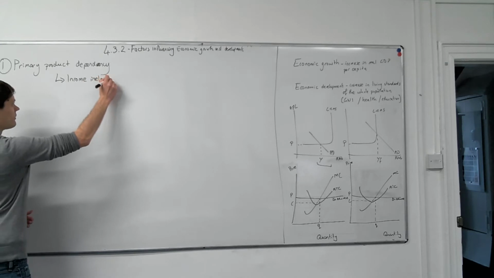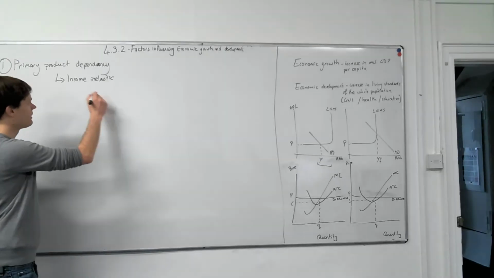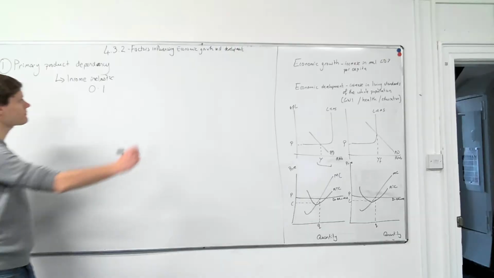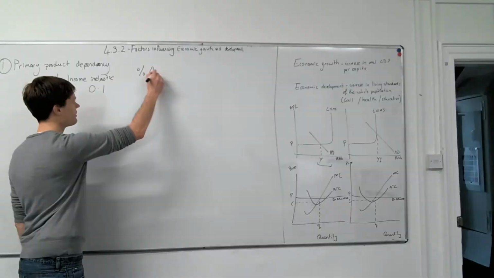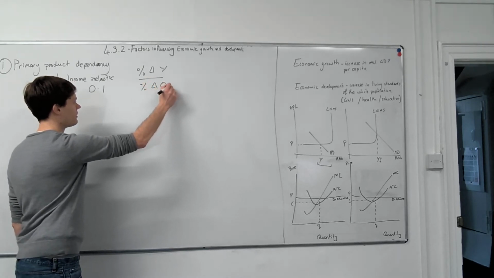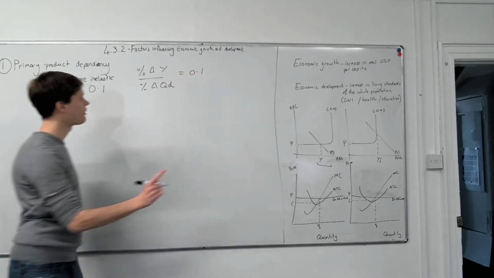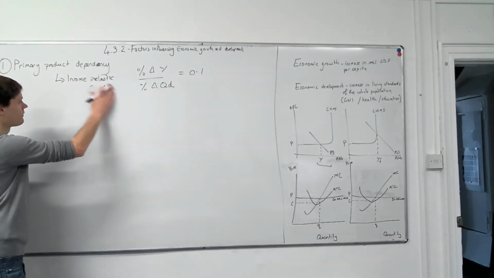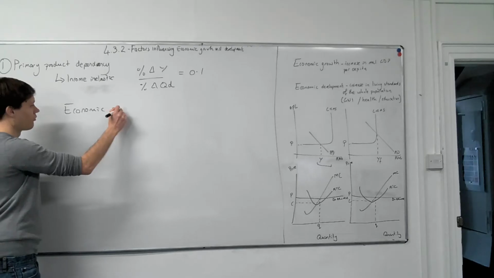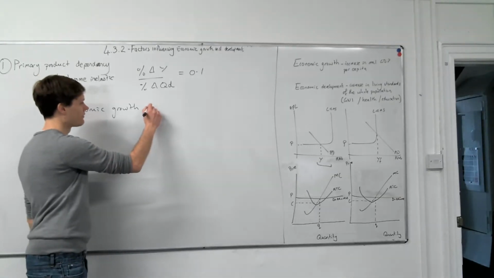What does that mean? Well, for example, if we had an income elasticity of 0.1, that would mean that the percentage change in quantity demanded divided by the percentage change in income would be 0.1. So, for example, if I had economic growth in my country, or actually more relevant in the world, let's say the world grew by 10%.